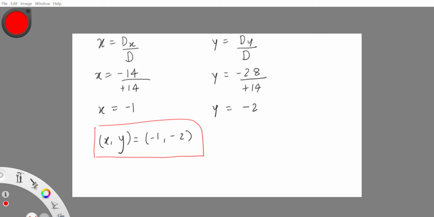So now in this particular question, I have x plus y minus 3 is equal to 0 and 2x plus 3y is equal to 5.